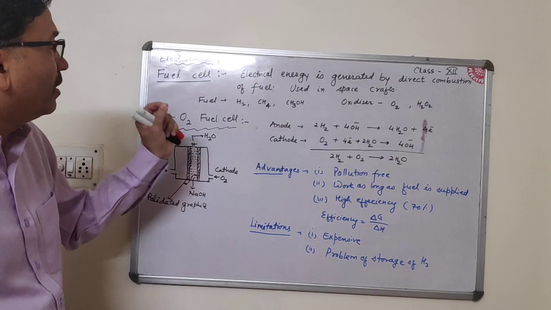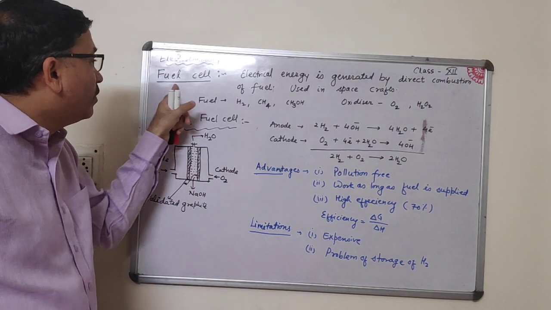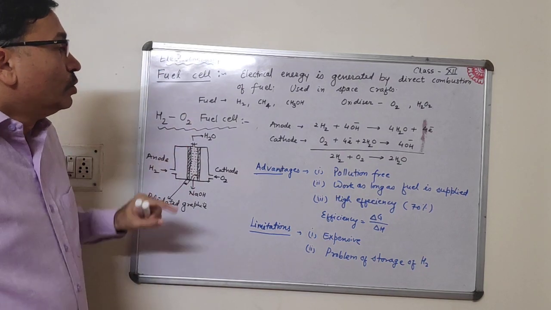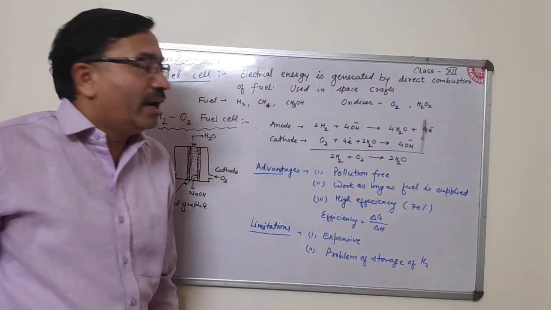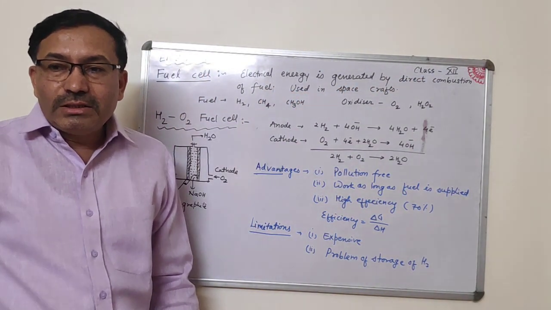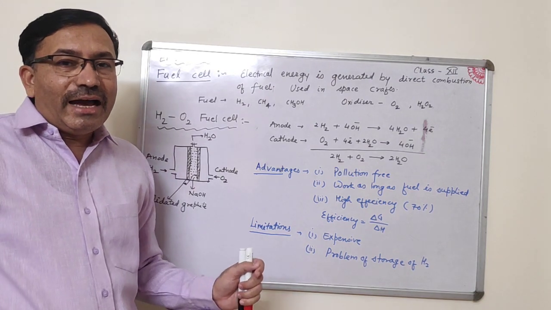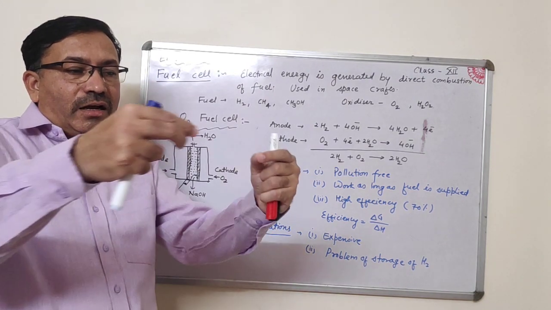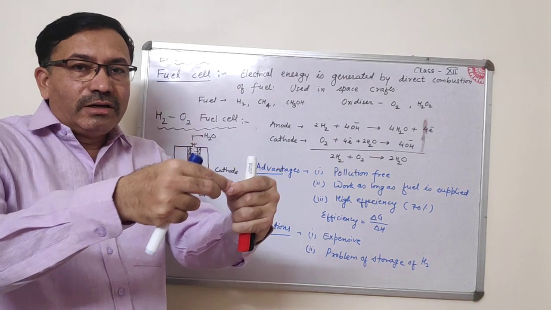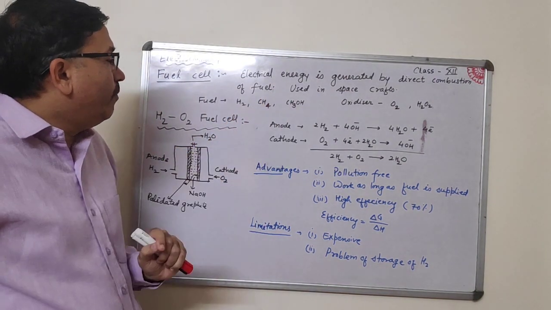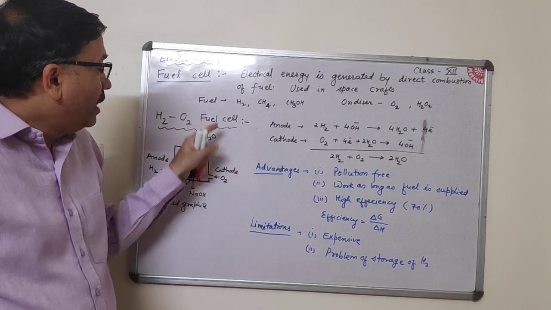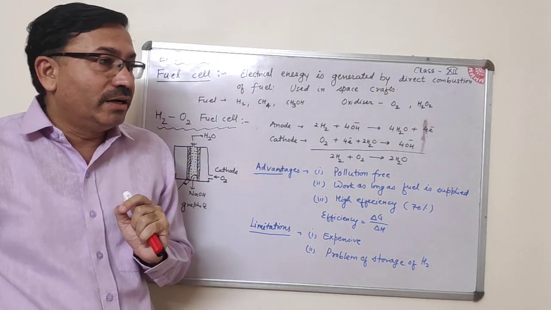So first of all, we'll understand what a fuel cell is, because the word fuel is used. So what is a fuel cell? Electrical energy is generated by direct combustion of fuel. Means your fuels directly come in contact with each other, and there will be direct combustion of fuels and electrical energy is generated.